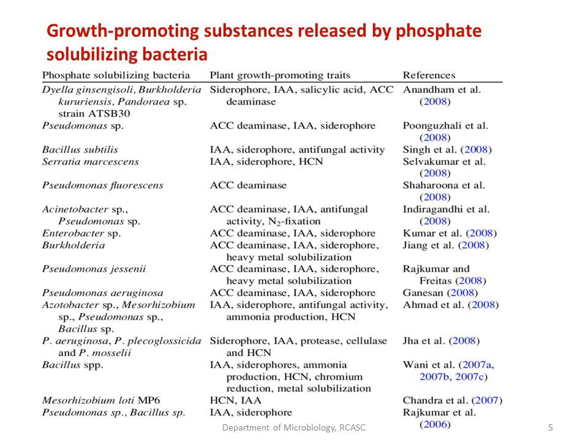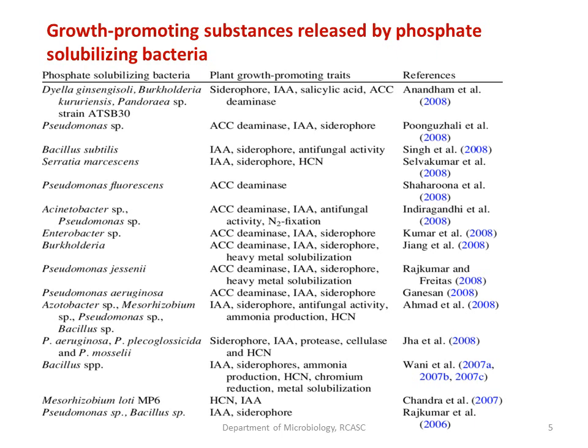The dominant groups of bacteria are Bacillus species, Pseudomonas species, Serratia species, Azotobacter species, Azospirillum species, and Acinetobacter species.